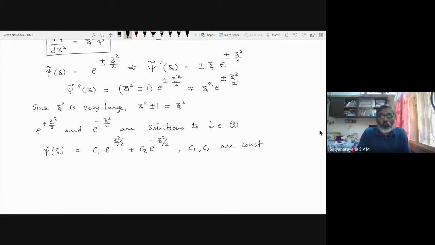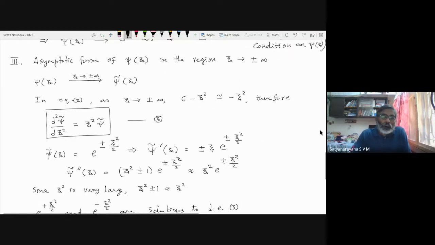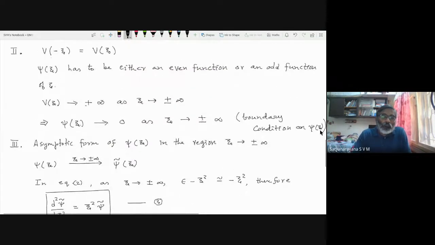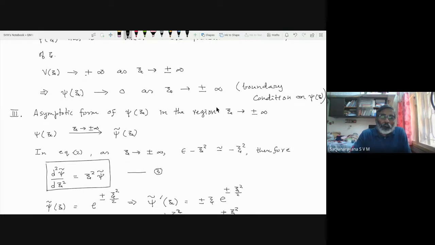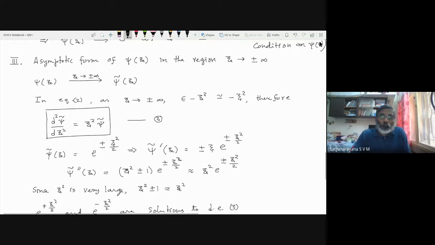That is how I construct a general solution. Now I invoke one of the conditions that I talked about in section 2, that psi of xi should go to 0 as xi goes to plus or minus infinity.